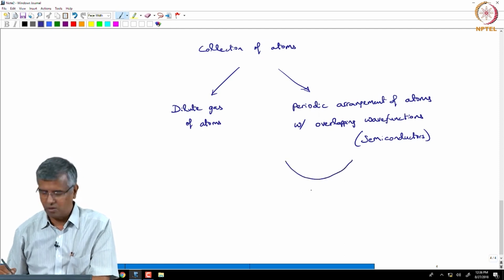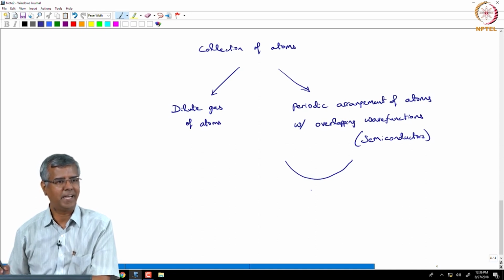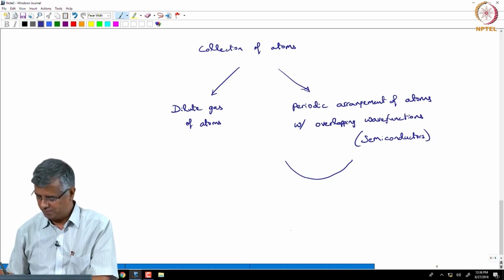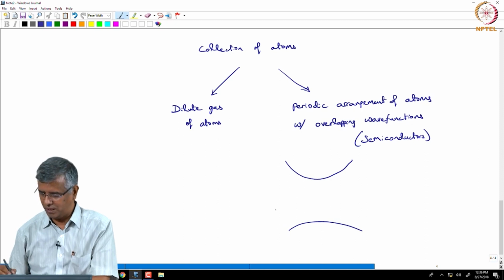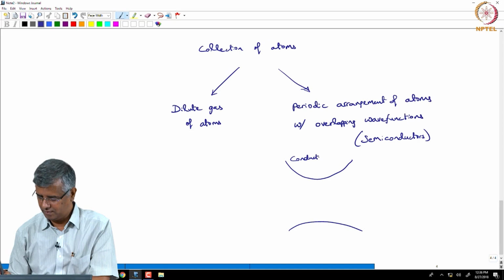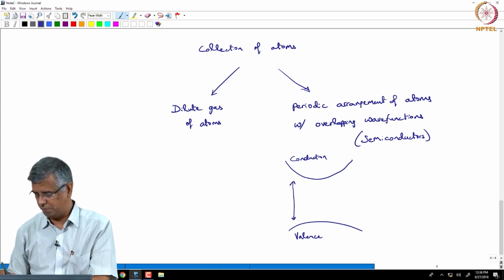So, when you draw the E-k diagram, the energy versus momentum diagram, you find that you have something called a conduction band and a valence band, and you have certain energy levels between them which are forbidden, which you call the band gap energy.